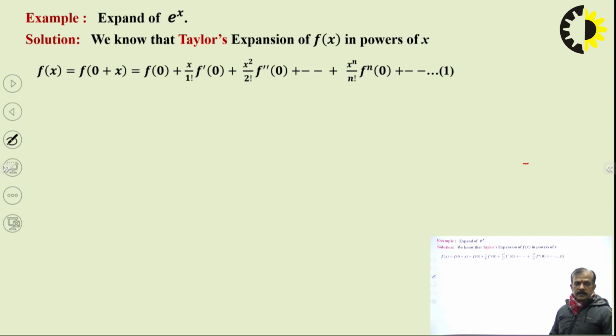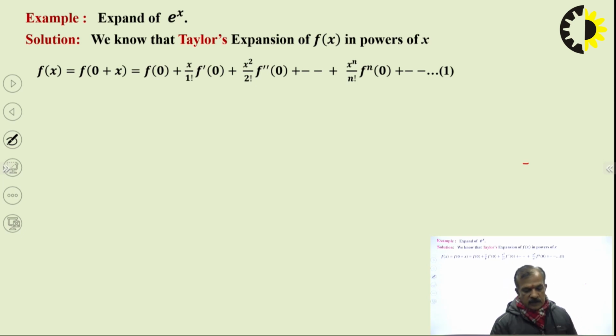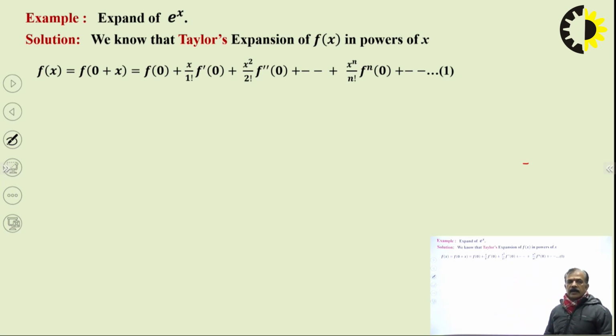The expansion of this function is f of 0 plus x upon 1 factorial into f dash 0 plus x square by 2 factorial into f double dash 0 plus and so on. And the general term is x raised to the power n upon n factorial into f n dash 0 plus and so on. So, this will be the required formula for finding the expansion of e raised to the power x.